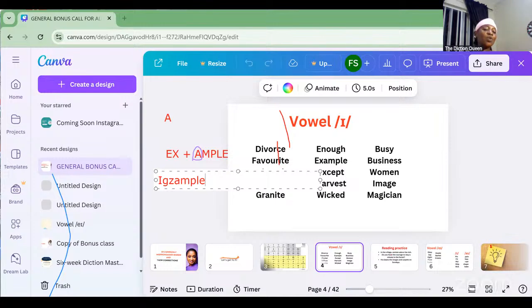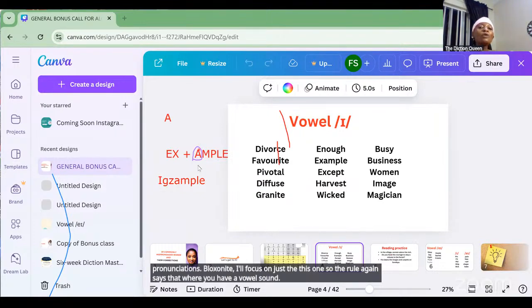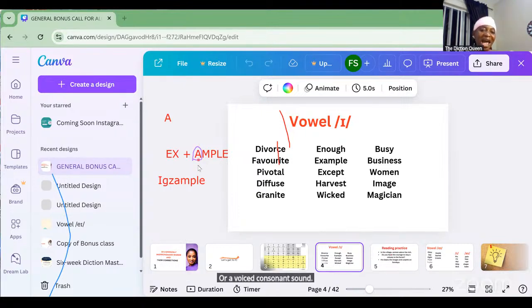Remember I said the words that start with EX have three different pronunciations. But tonight I'll focus on just this one. So the rule again says that when you have a vowel sound or a voiced consonant sound after E and X, it should sound eggs, eggs, eggs.